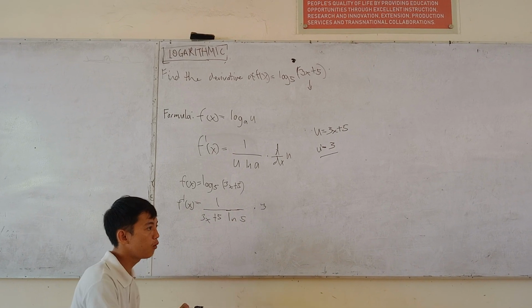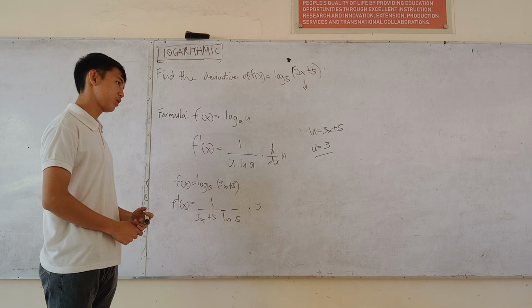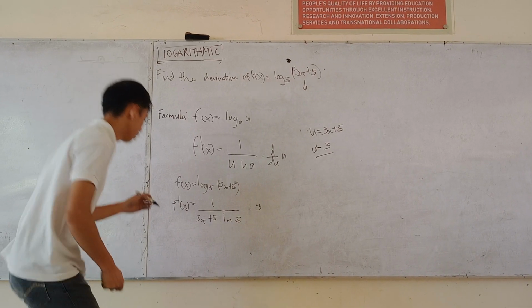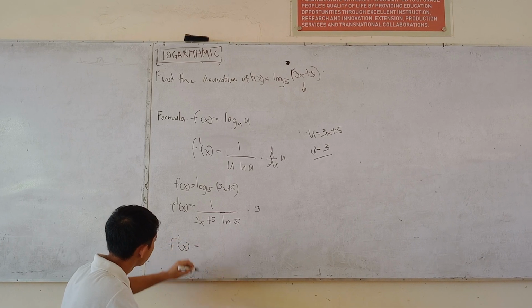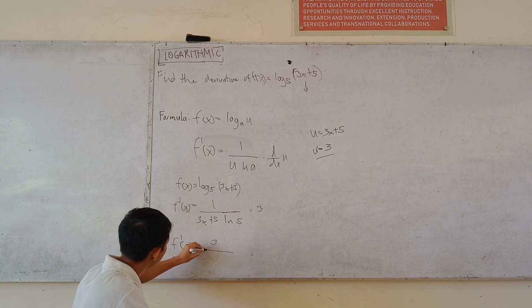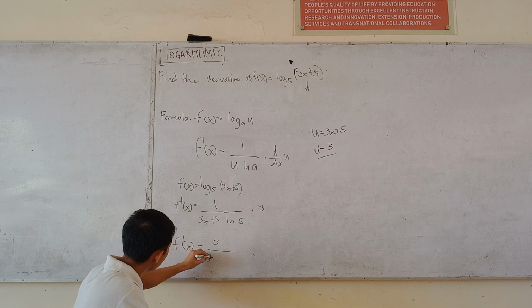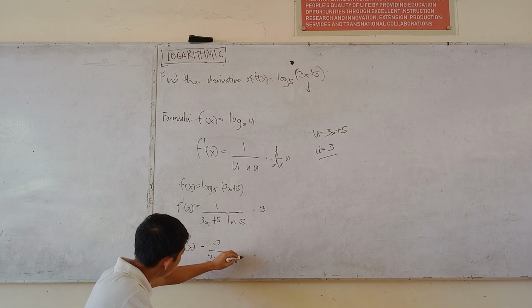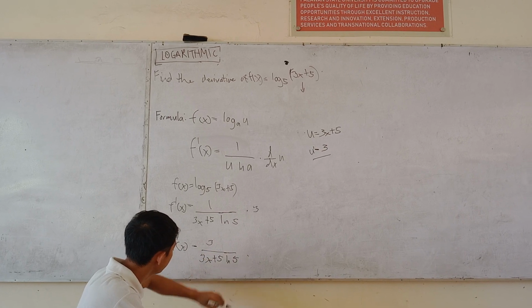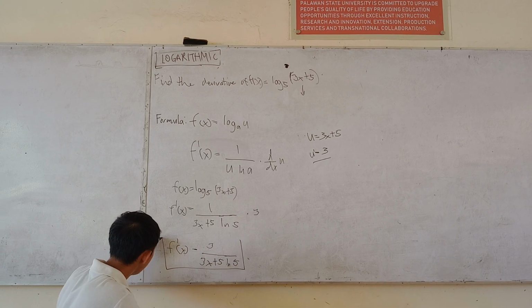Now we have to simplify. So f prime of x is equal to 3 over (3x plus 5) ln 5, and that is our answer.